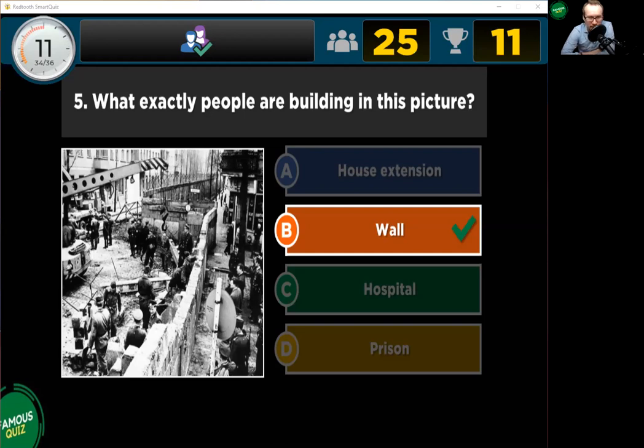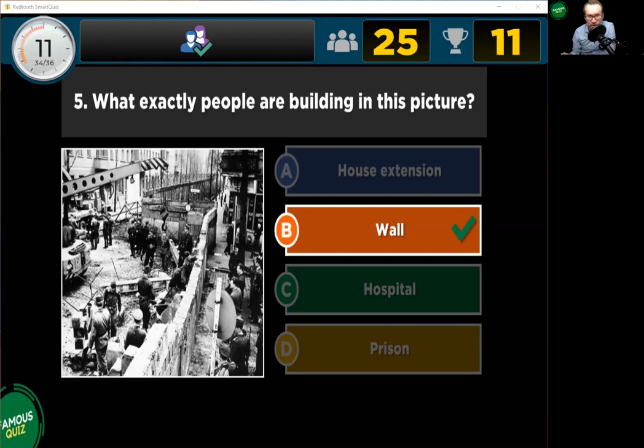No, they are not guards. So this is the famous building of the Berlin Wall. Well, the prison could also be an answer, but obviously that's not a prison. If we're thinking in a hypothetical way, this could be a prison as well. But no, officially this is the Berlin Wall.